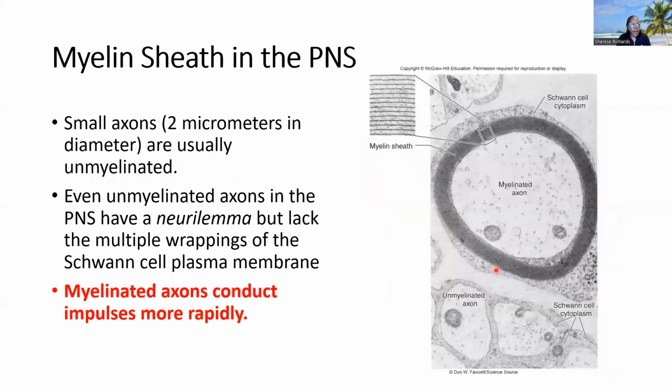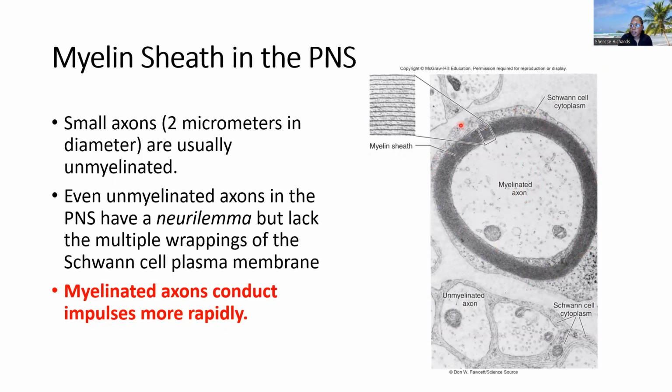Okay. Now, I do also want to make the distinction that myelin is laid down, but then we can also see neurolemma in unmyelinated axons as well. So for example, here's a myelinated axon. Here is that actual myelin sheath that has been laid down. This is the darker gray structure.